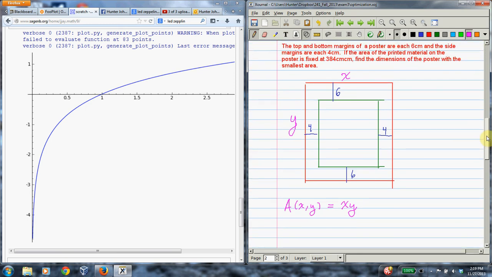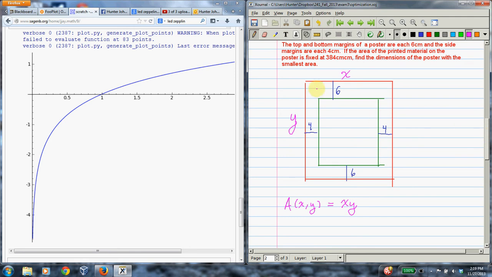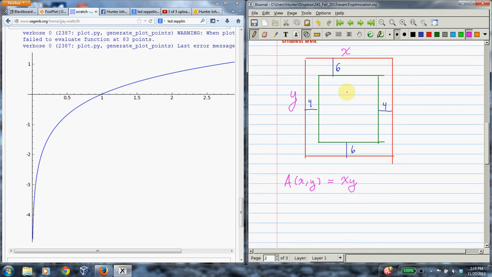So now I'm going to worry about this constraint. What is this constraint saying? It's saying that the area of the printed material on the poster is 384 centimeters squared. So I need to express this, and you might want to think for a second before I write it about what I'm going to do. But can you see that it's going to be (x minus 12) times (y minus 8) equal to 384, that magic number?